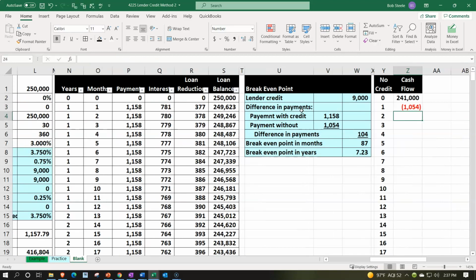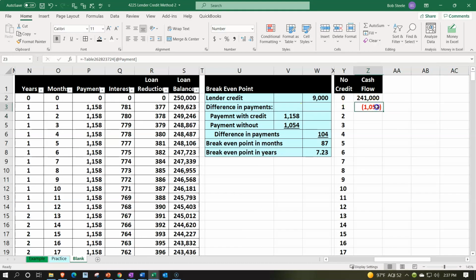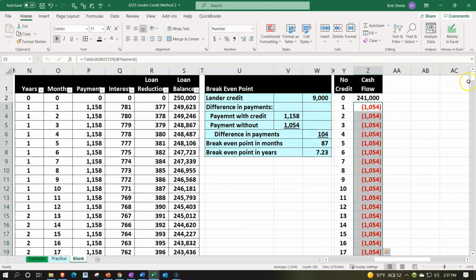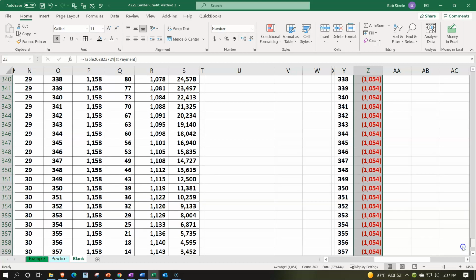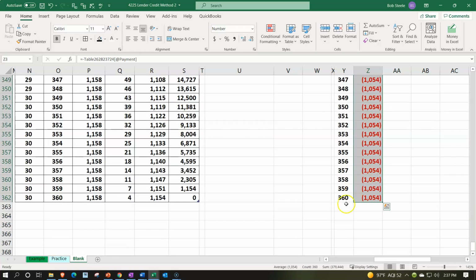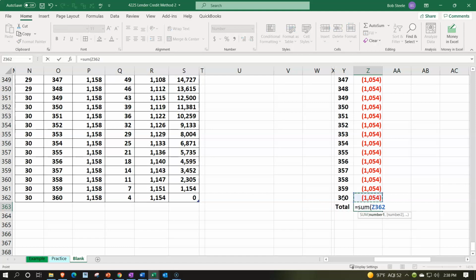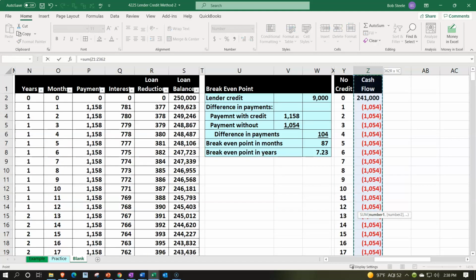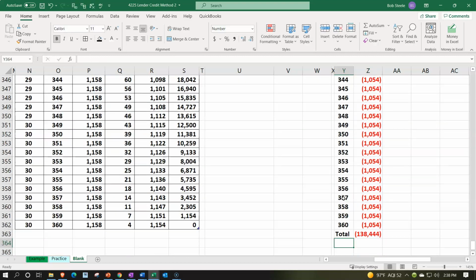So that's $1,054. If I copy that all the way down and sum up the total payments, we get to the 138,444, or the net flow.